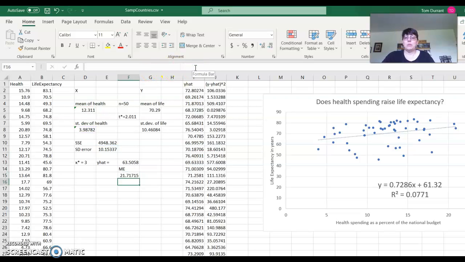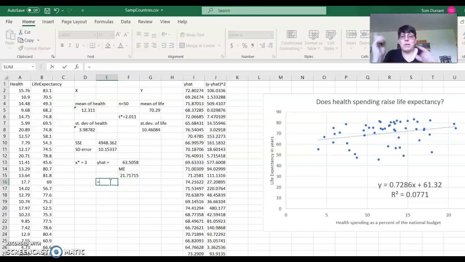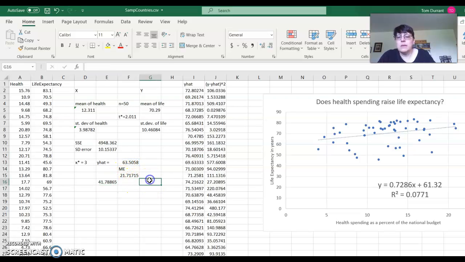Okay, margin of error. So I'm just going to do y-hat minus margin of error and y-hat plus margin of error.